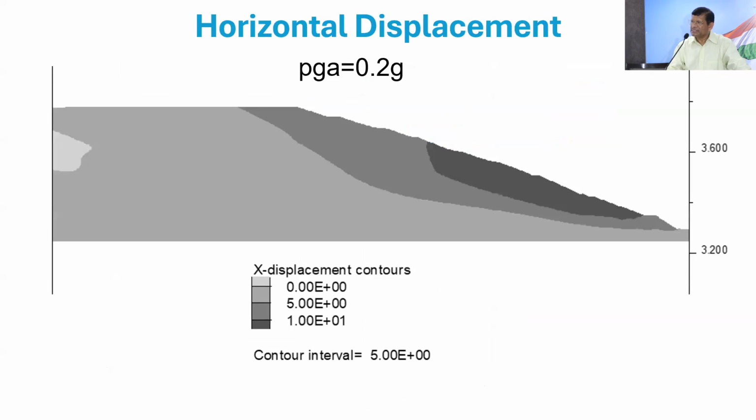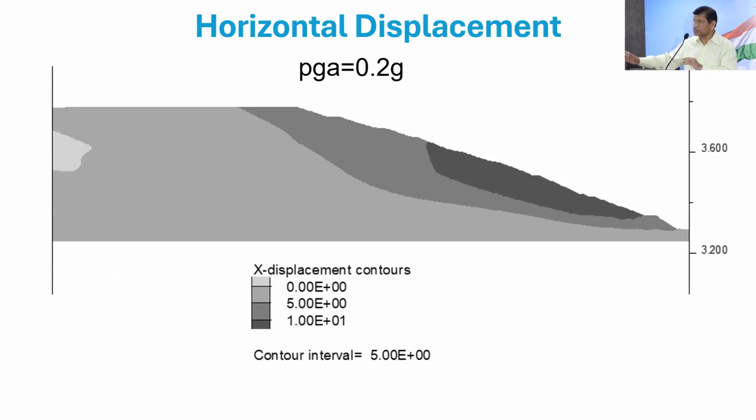This is the result of the dynamic model. What we look into is the horizontal displacement, because there is a criteria guideline which varies from site to site. That's why I am not showing that guideline. But here you can see that the maximum displacement is, these are in feet, so the maximum is 10 feet.